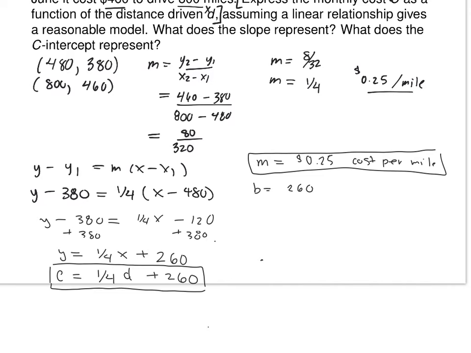It's 260. What does that tell you? So cost to go 0 miles, which may be your insurance. Hopefully not your monthly insurance, but if you're a boy and you're a teenager, maybe it is. And your car is really fancy. That's like my 6-month insurance rate.